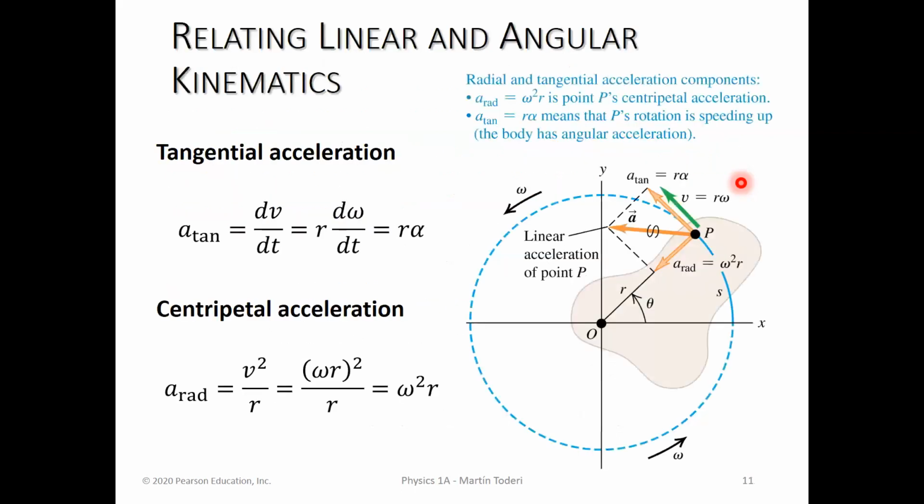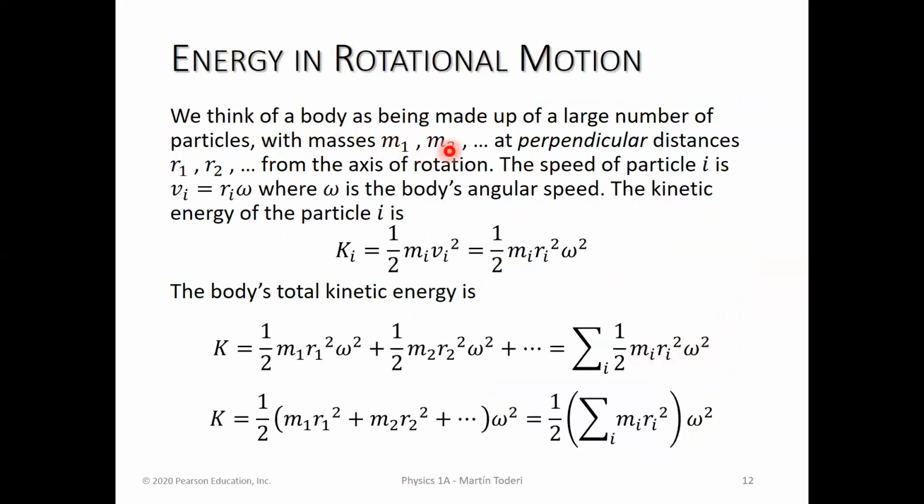Just like we have here. Let's say we have not just P, we have all of the particles that are composing this rigid body, and then we have all the positions that correspond to each of the particles, right? So we have the masses of those and the position of those, which are the distances to the center of the rotation.